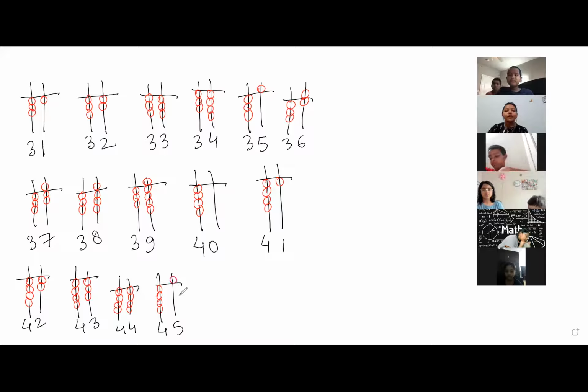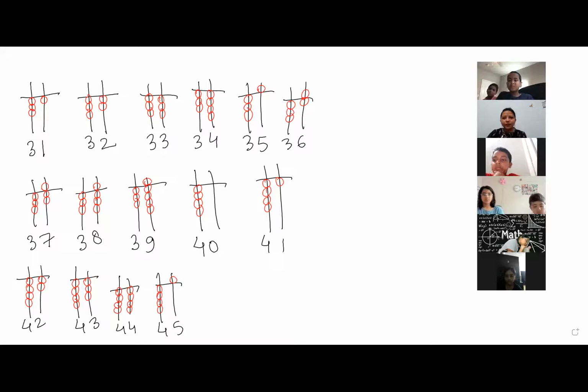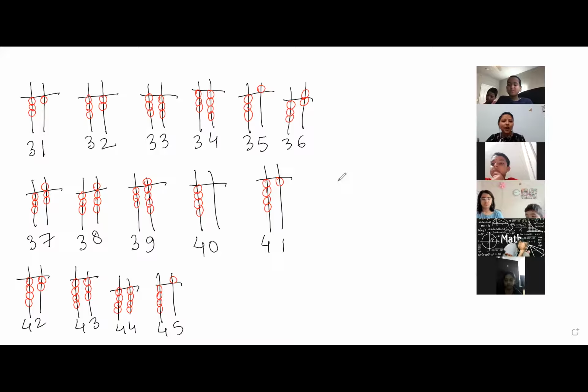Then 45. Match your answers. Match. Ma'am, all correct. Very good. Ma'am, you have written till 50. All of you are getting correct. You have done till 50. Very good. So now let's move ahead.